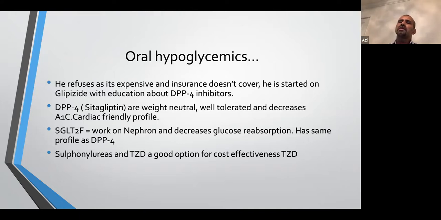The decision should be made to cater to the needs of the patient, the cost, and one very important factor, weight reduction or weight gain. So after doing cost benefits and talking to the patient, one of the agents should be added to metformin as a second medicine, and see what the follow-up says. Next slide, please.